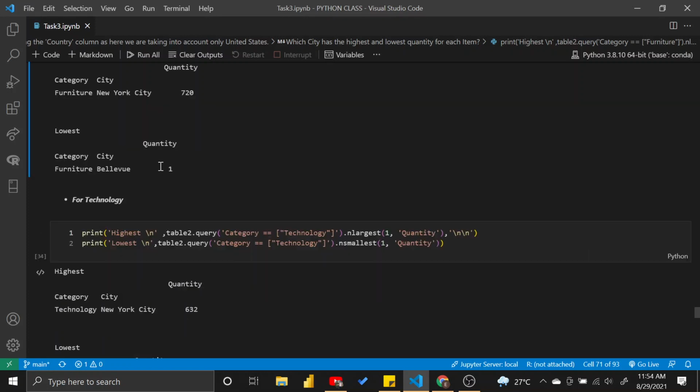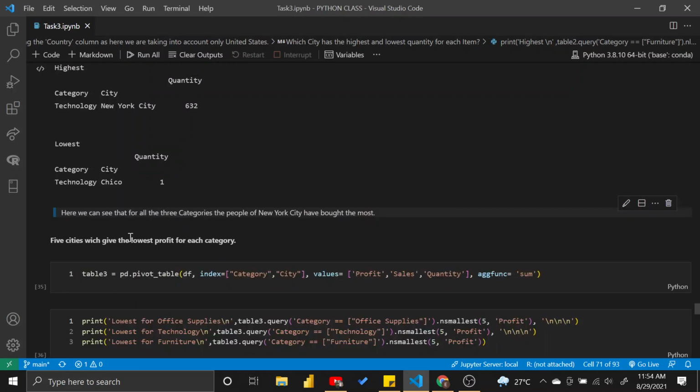Now, that is a problem that we can address. We can ask why is furniture being bought in Bellevue, or why is technology being bought in Chico only one? Why aren't our consumers buying more? These questions can be asked, and they can help improve your business. Now we'll look at the five cities which give us the lowest profit for each category.